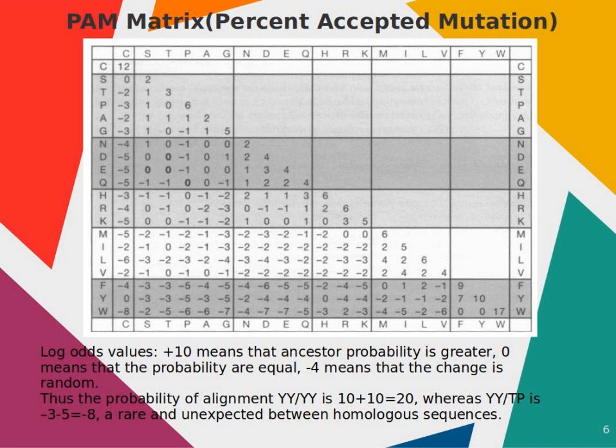Then YP, that is the probability of mutating Y with the amino acid P, has a value of -5, and thus -3 plus -5 is equal to -8, the score of alignment between the YY and TP sequences.